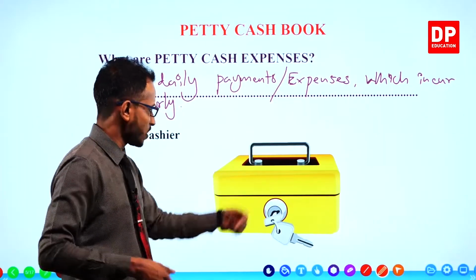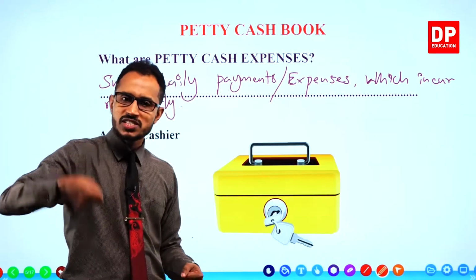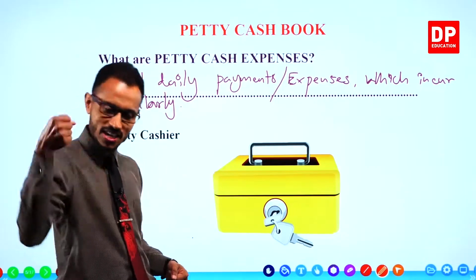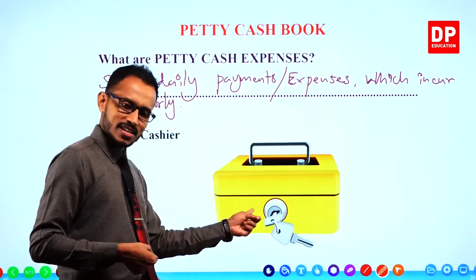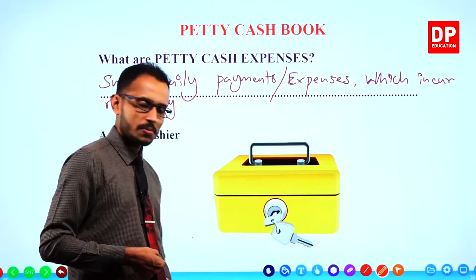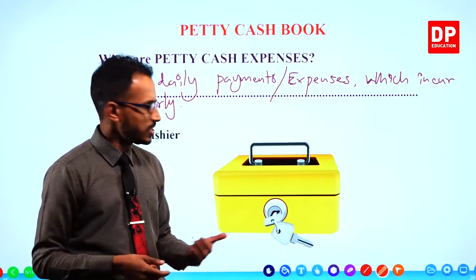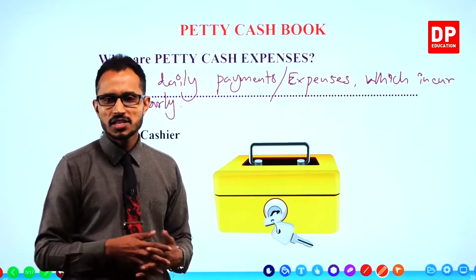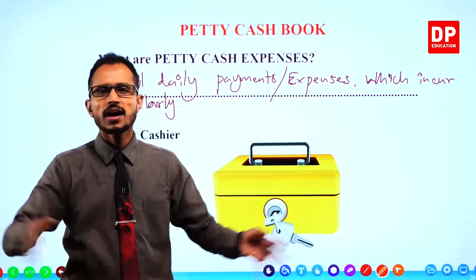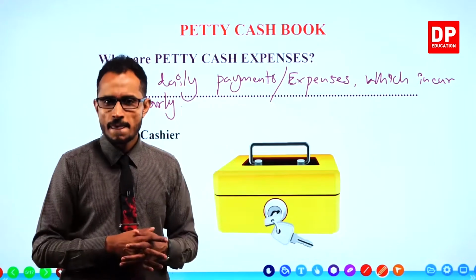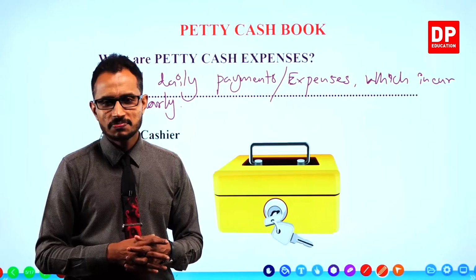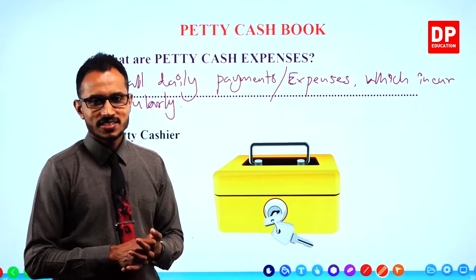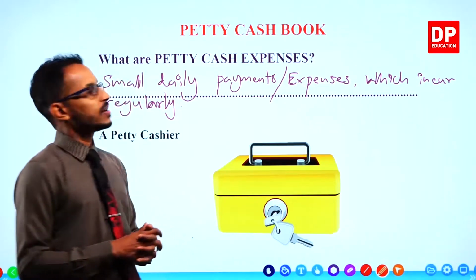He carries this locker box. The petty cash which he has is kept locked in this locker, and he pays for petty cash expenses to different people. So he's always on the run. He's a busy guy, the petty cashier.